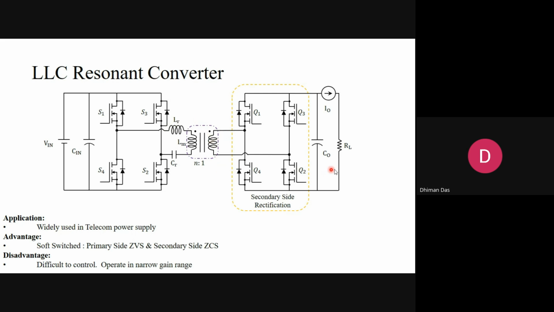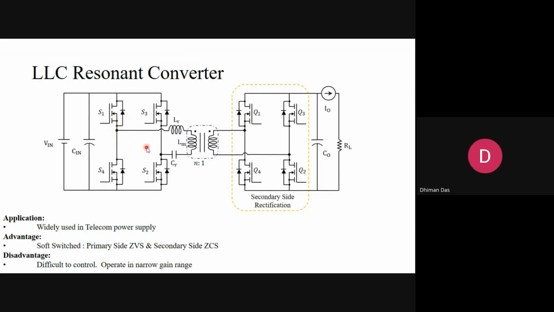This resonant current you can dump to a capacitor to have a clean voltage waveform, and from the capacitor you can connect the load and take the output current as DC current.